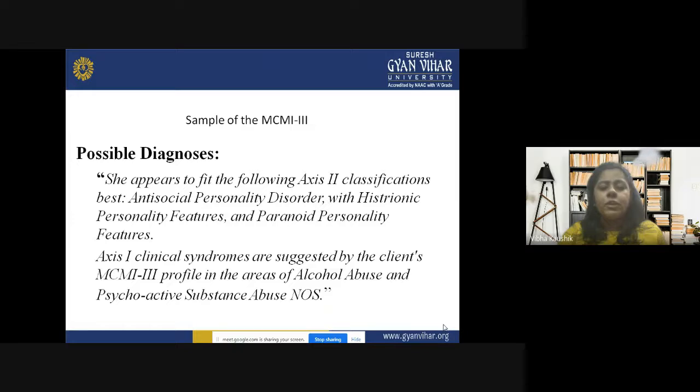She appears to fit the following Axis II classification best: antisocial personality disorder with histrionic personality features and paranoid personality features. Axis I clinical syndromes are suggested by the client's MCMI-III profile in the areas of alcohol abuse and psychoactive substance abuse NOS.